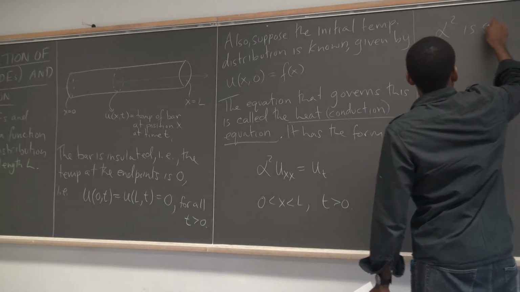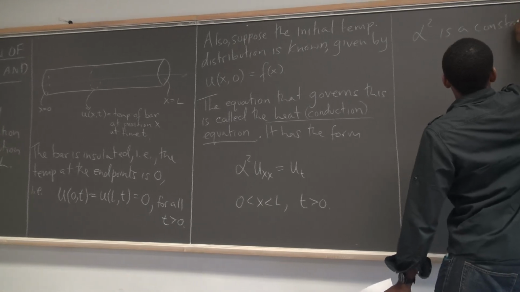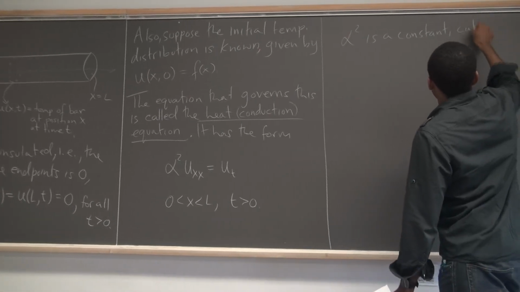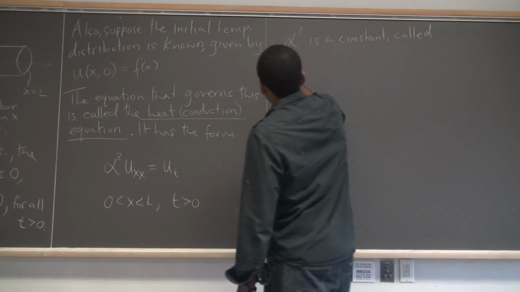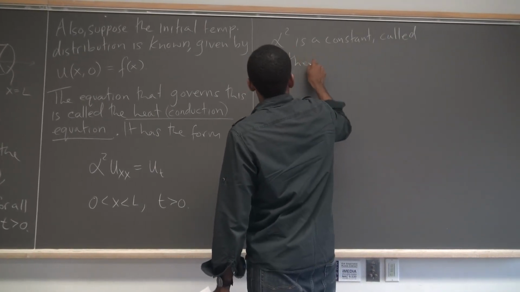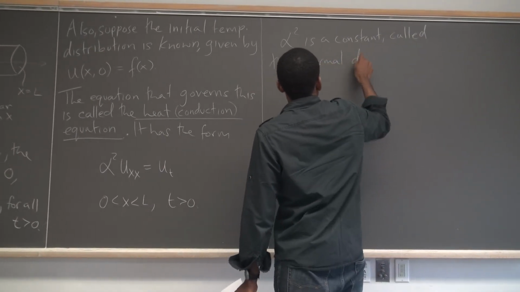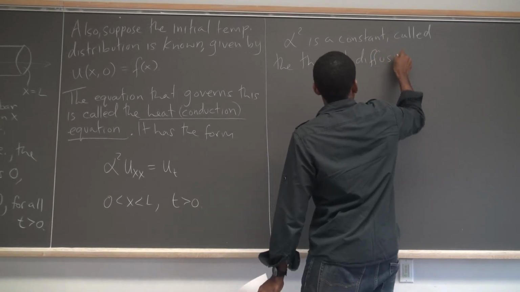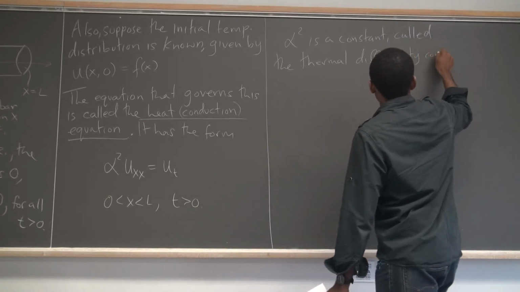Alpha squared is a constant called the thermal diffusivity constant.